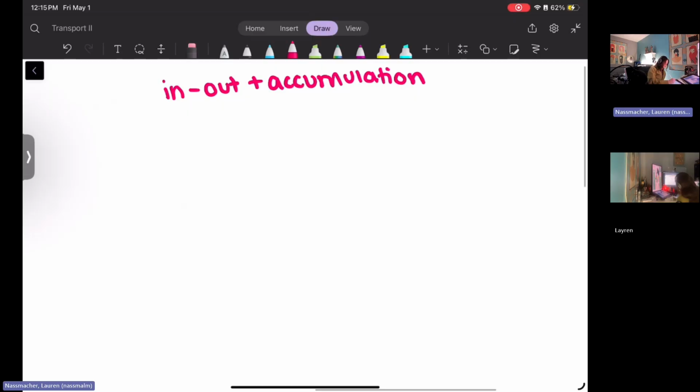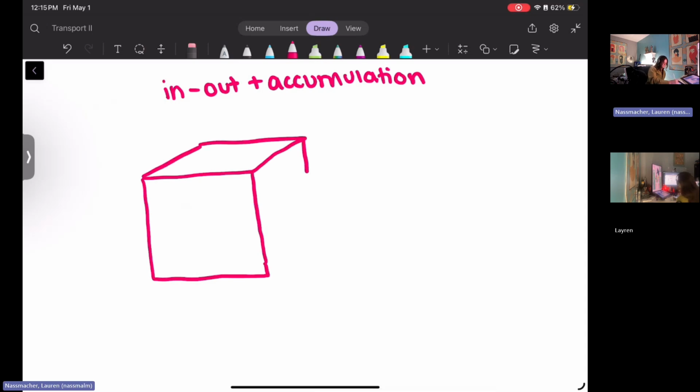So we're going to be thinking about a cube. And this cube, of course, has multiple directions. So let's first draw that system. This cube has our z direction, z to z plus dz, our x direction from x to x plus dx, and our y direction, y to y plus dy.